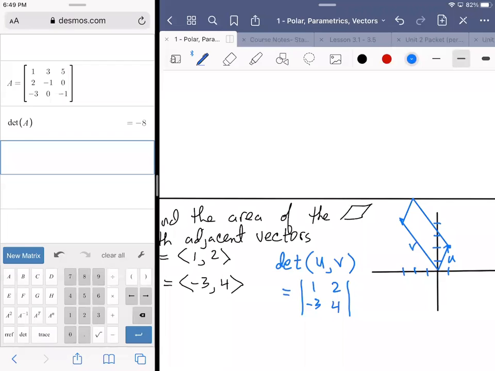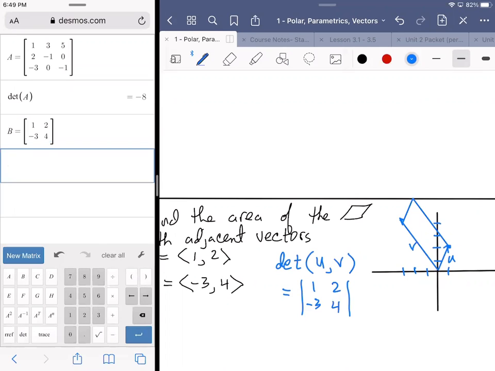So I can put a new matrix in. They're calling it B because I already used A. So I type in 1, 2, -3, 4, lock it in, and then determinant of matrix B. And I get a result of 10.